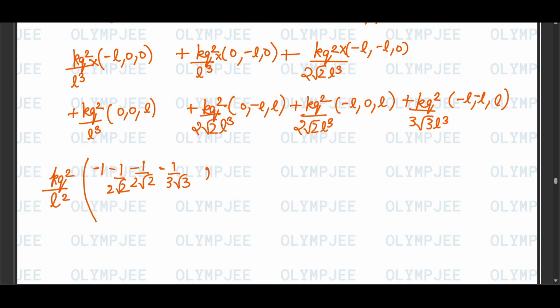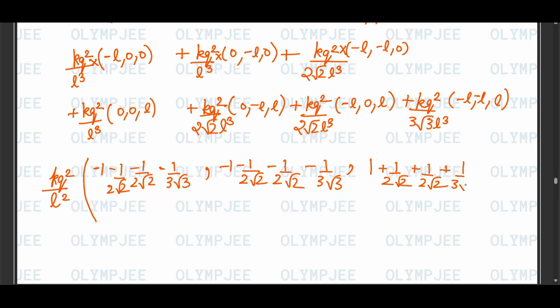Now looking at j cap, it will be minus 1 from here, minus 1 by 2 root 2 from here, minus 1 by 2 root 2 from here, and minus 1 by 3 root 3 from here. Now for z cap it would be 1 from here and plus 1 by 2 root 2 from here, plus 1 by 2 root 2 from here, and plus 1 by 3 root 3 from here.